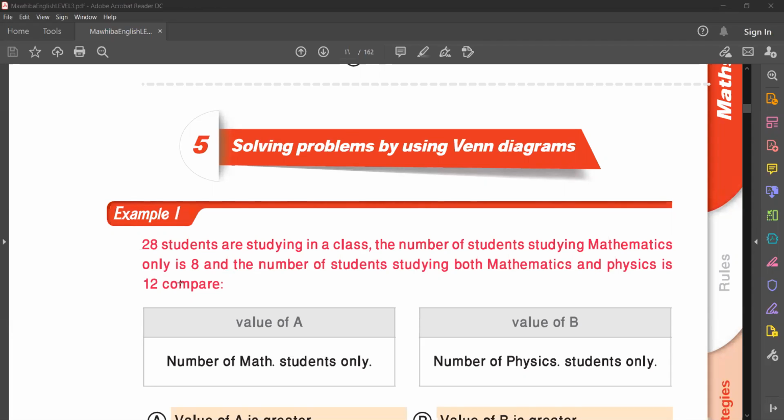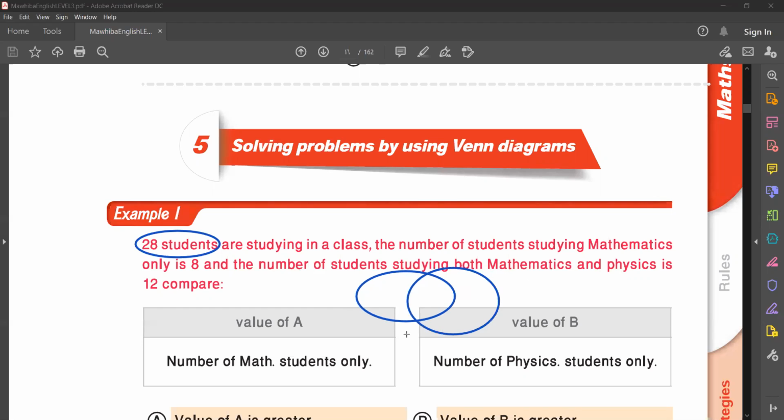Look here, 28 students are studying in a class. Now the whole is 28 students. The number of students studying mathematics only is 8. So we draw a diagram here for mathematics, and the number of students studying both mathematics and physics.